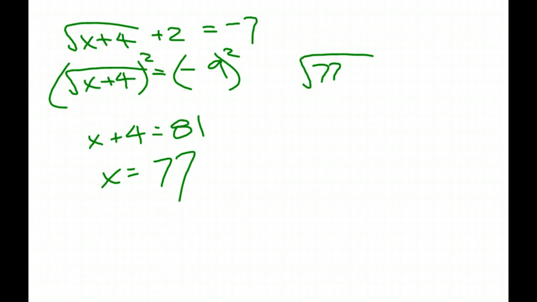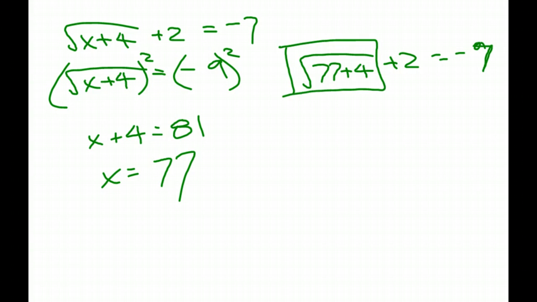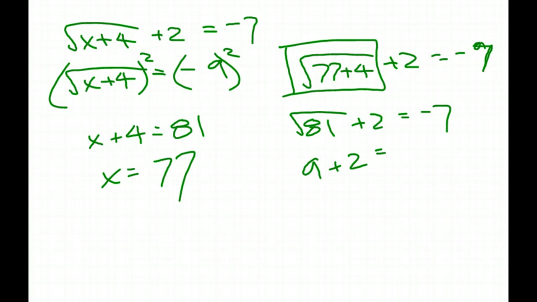Square root of 77 plus 4, plus 2 equals negative 7. Will we have to check? Yes. Square root of 77 plus 4 is what? Square root of 81. What's the square root of 81? 9. So 9 plus 2 is 11, and 11 equals negative 7.